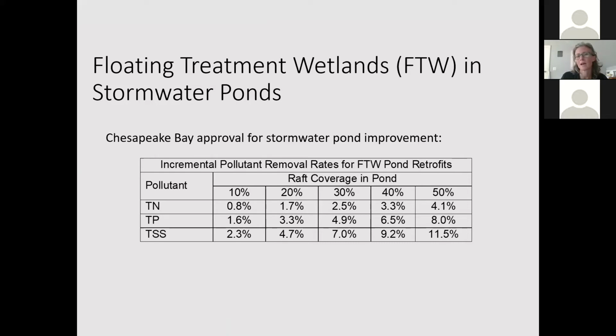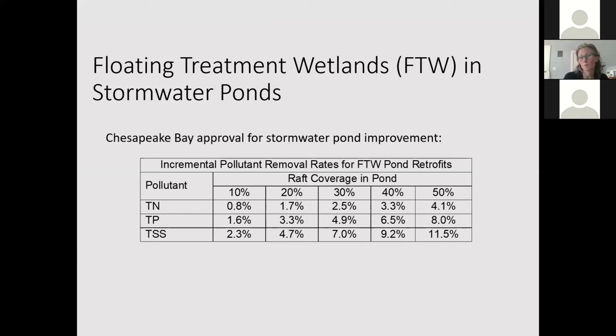And it's related to the area of raft coverage in the pond, and then you can get different incremental removal. So if you go to TP, that's total phosphorus, and then you scroll over to say 30% coverage, if 30% of your pond is covered with rafts, you can get almost a 5% increase in the total phosphorus removal capacity of that pond.